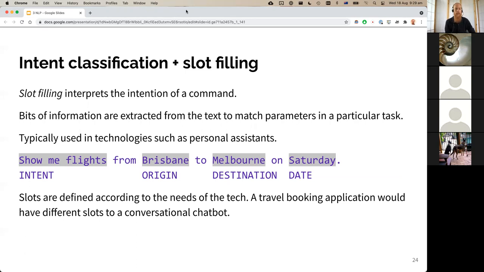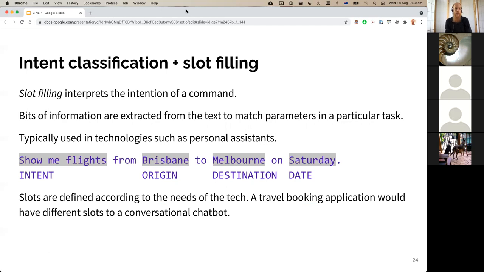So slot filling is a process of taking out tokens, identifying meaningful tokens in some input and labeling them, in a similar sort of way that we saw with named entity recognition, but the slots themselves have different types, or different characteristics.